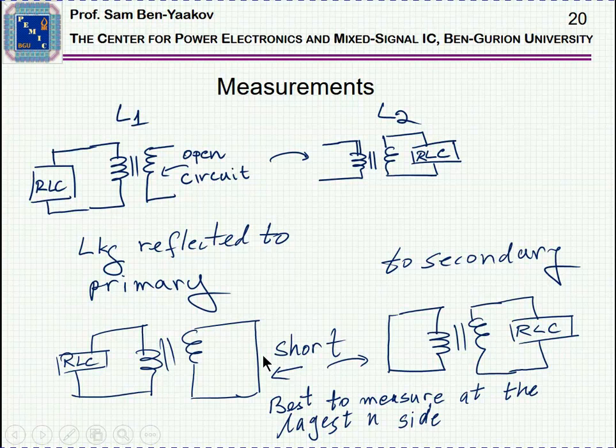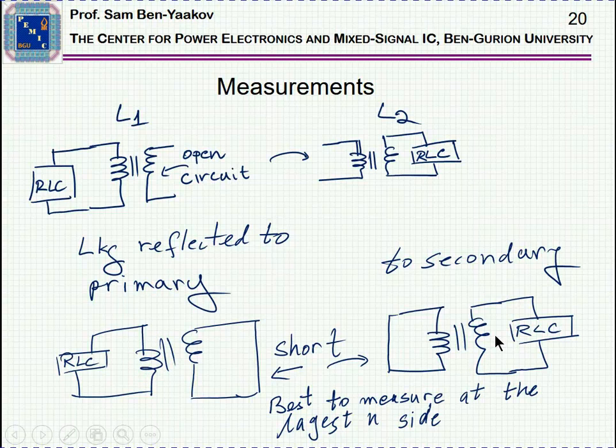Now what you'll get here is really a value for the leakage inductance in parallel to the primary of the real transformer. If the coupling coefficient K is close to 1, then you can neglect the effect of this parallel connection. But if K is not close to 1, then you'll have to recalculate the actual inductance once you know the value of L1.